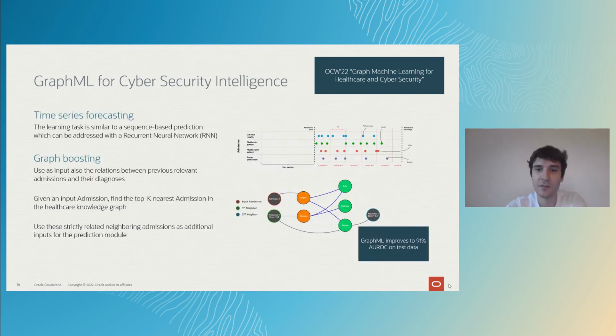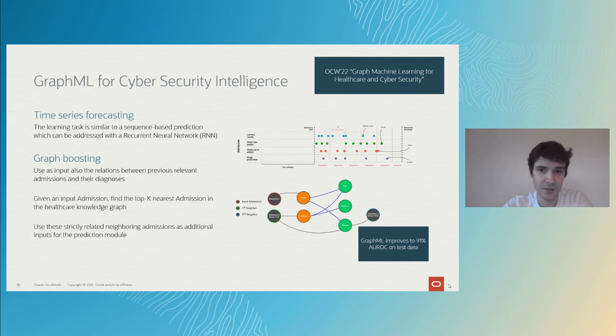Another use case that we present at this CloudWorld is around healthcare and cybersecurity, so we mix both into this presentation. In healthcare, data might be thought about as time-discrete kind of events, but when we turn it into a graph, we can achieve much better results.